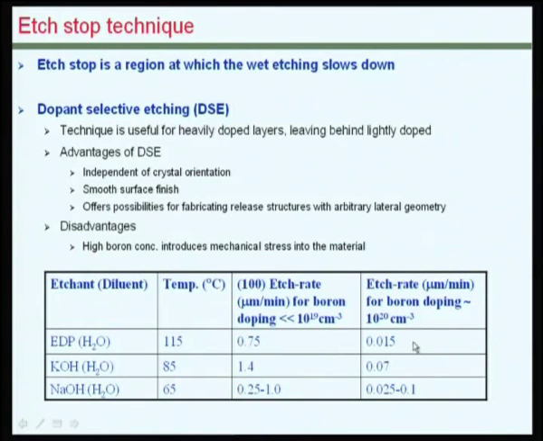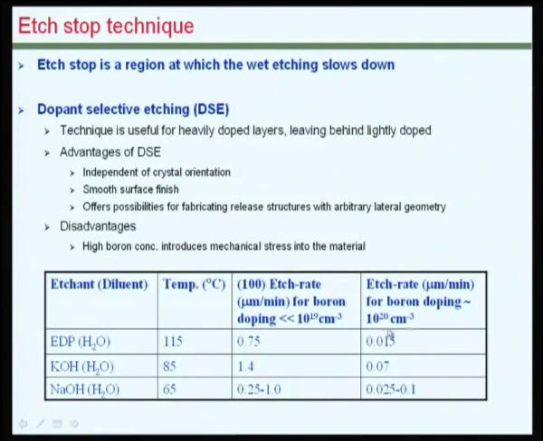So, as you could see here, when there is 10 to the 20 per centimeter cube concentration, the etch rate drops to 0.015 micrometer per minute compared to 0.75 when the concentration is far less.